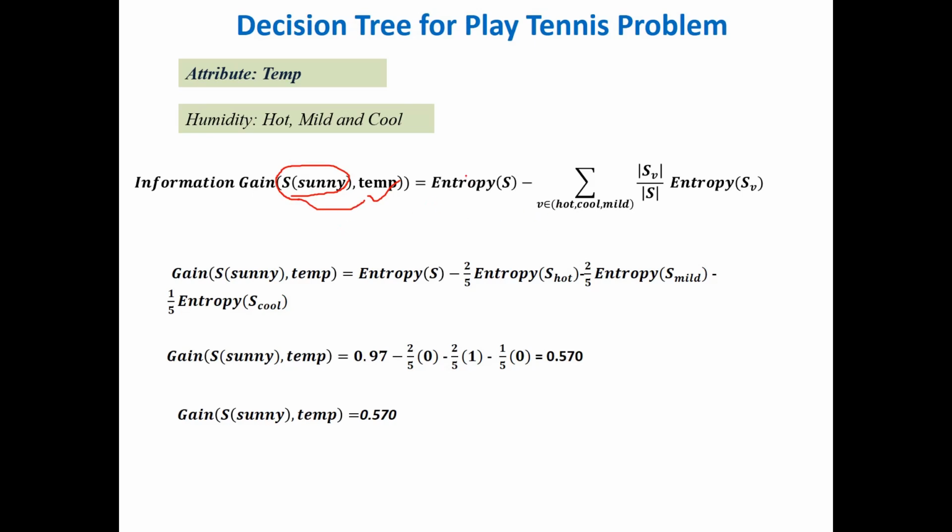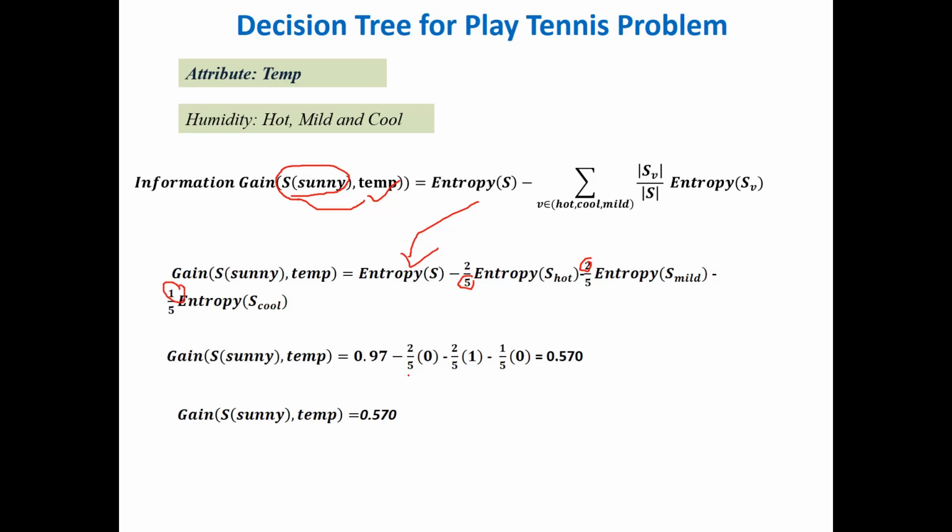So this is 0.97 minus 2 hot examples over all 5 sunny examples, and 2 mild examples over all 5 sunny examples, and only 1 cool example over all 5 sunny examples.